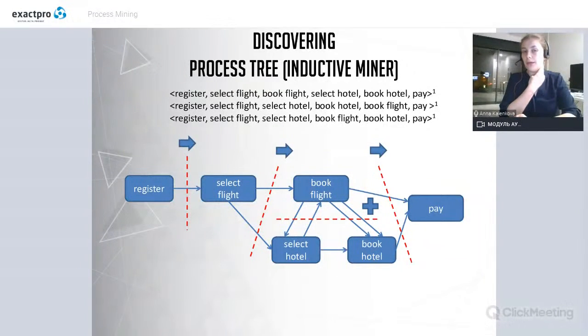We decided not to make a sequential split, but we make a parallel split here. And the last step that we do, we make a sequential split between select hotel and book hotel. So what we did, we inductively, step by step, cut our graph into parts, and then we applied this procedure again to the subgraphs.